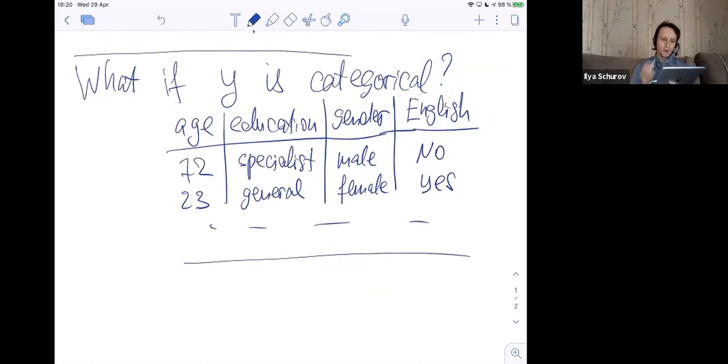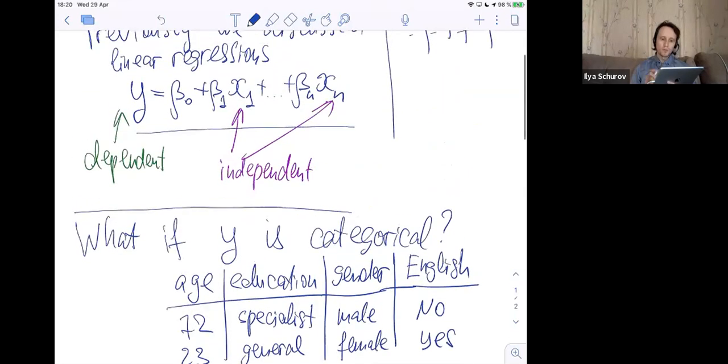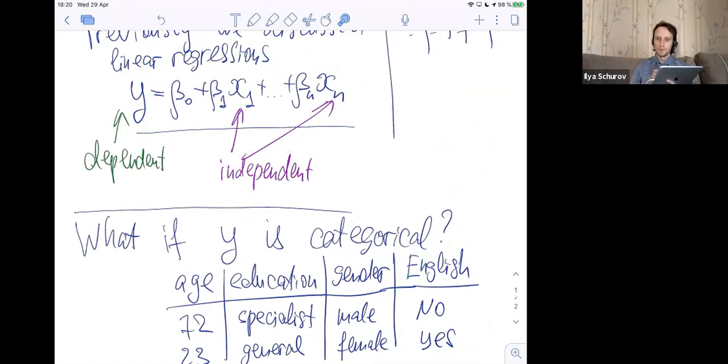And what can you suggest? How can we plug this categorical dependent variable into our model, into linear model? Is it possible? Any ideas? Any suggestions?